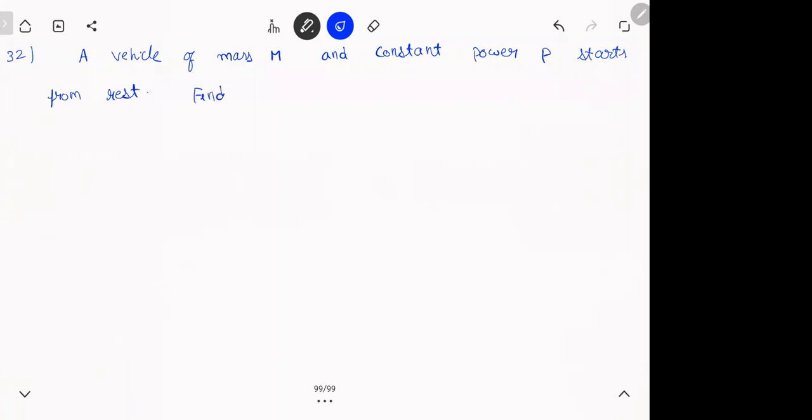Find velocity and the position as function of time. So you have a vehicle which can produce a constant power starting from rest. So what will be the velocity and position after time t? Get this thing.